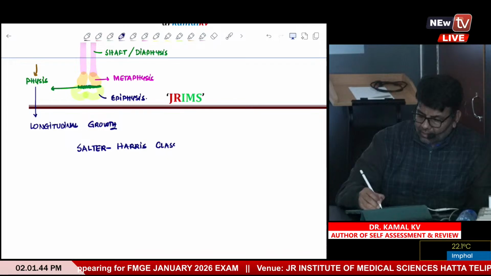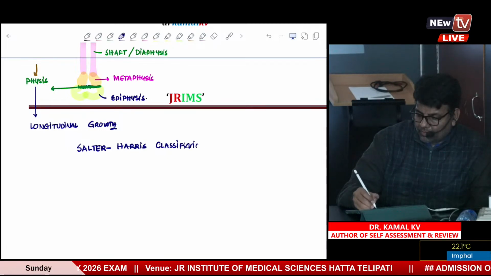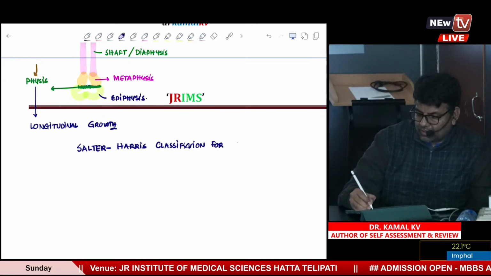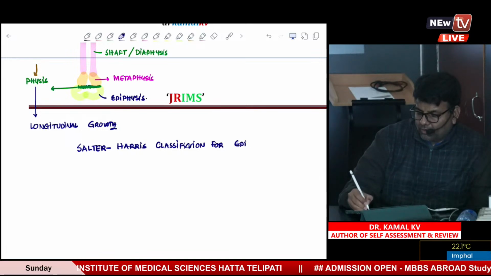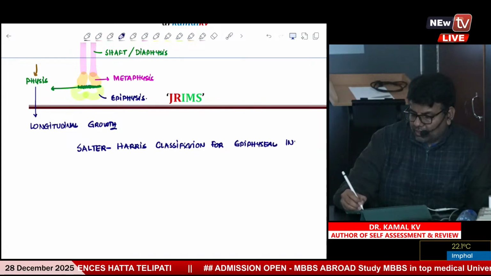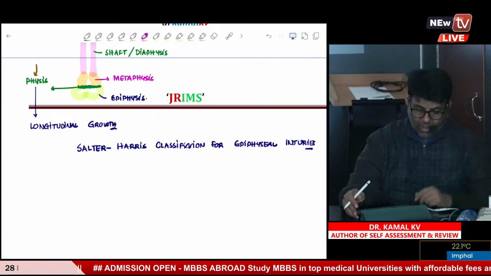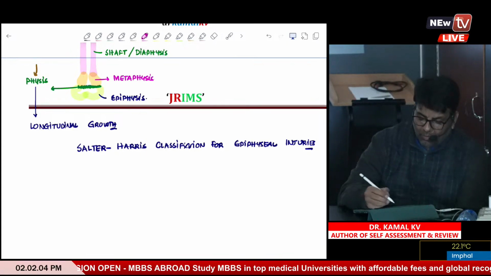So this is Salter-Harris classification for epiphyseal injuries or childhood injuries, because in children this physis is an additional area and at times it is the real problem.